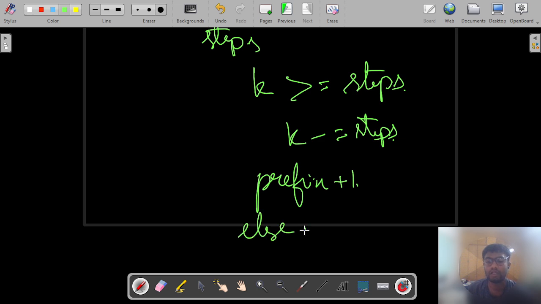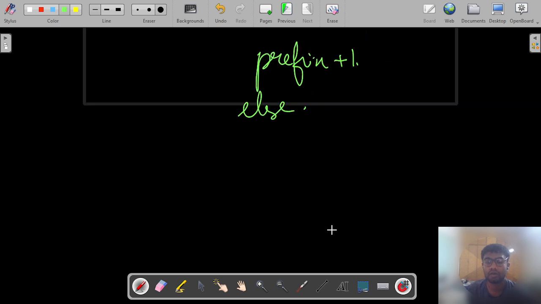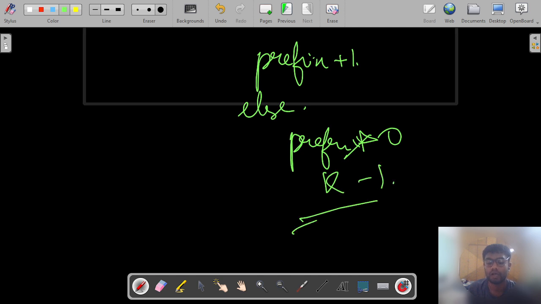Else we go to the next step where we multiply prefix by 10 and decrement k by 1. Yeah, so this is the whole idea, and we can simply return prefix as our output.